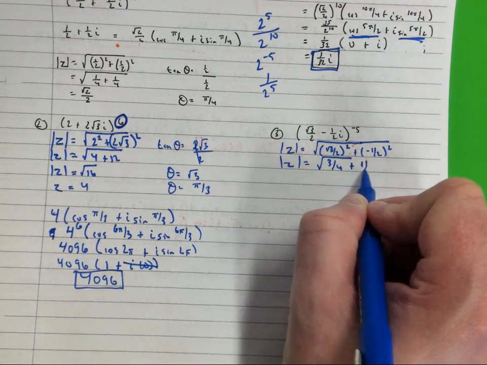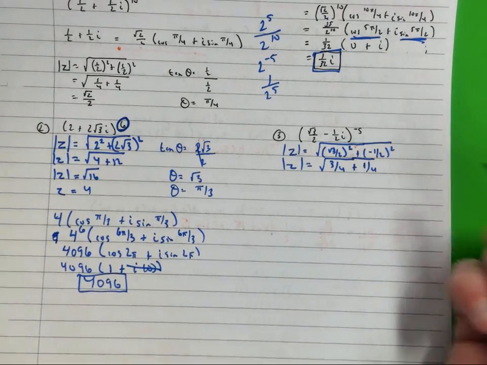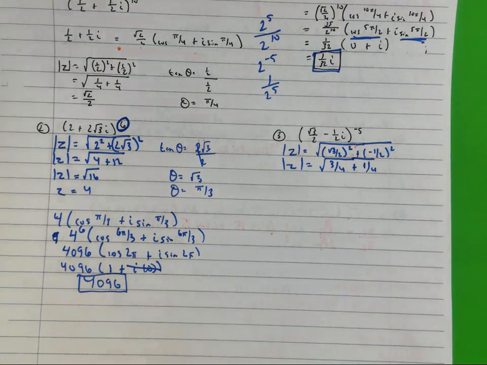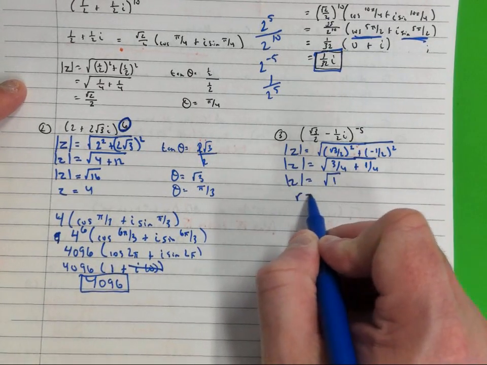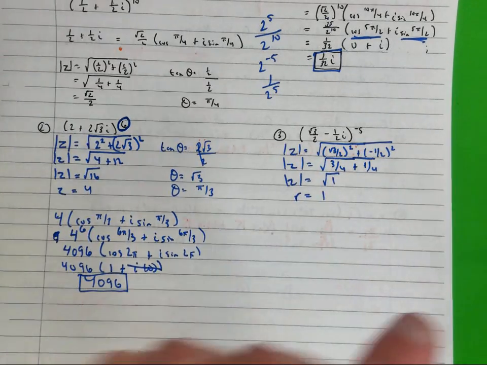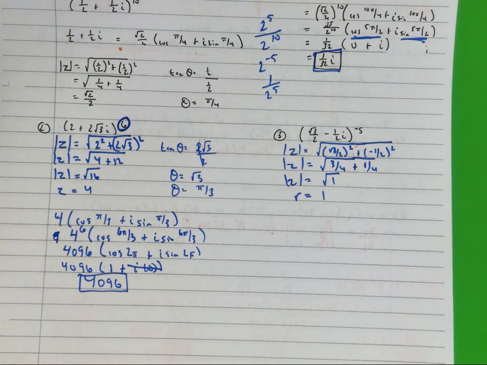And when you square this, it's going to be 1/4. Oh, it comes out so pretty. Don't you love it when 3/4 plus 1/4 equals 1, and square root of 1 is 1? So my R is going to be 1. Remember, your Z and R is the same. The Z is the modulus, the absolute value, but your R is equal to the absolute value. That's why I put at the end, R equals that, because you want an R value.